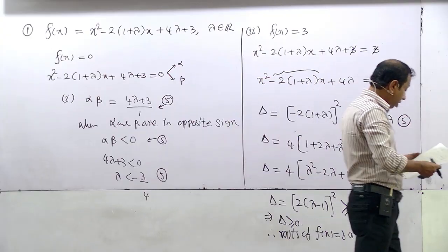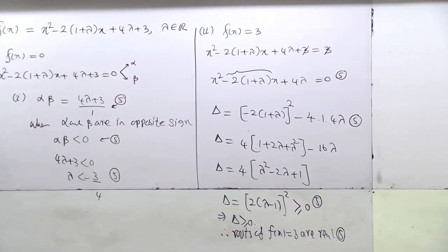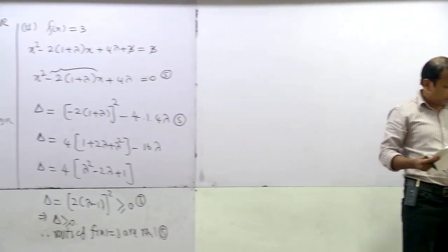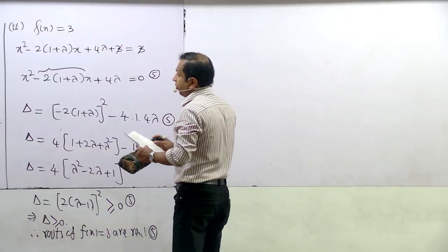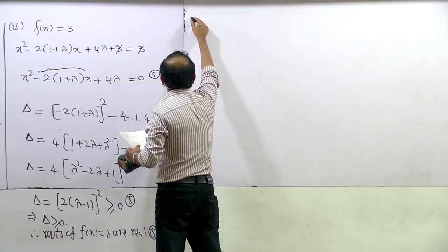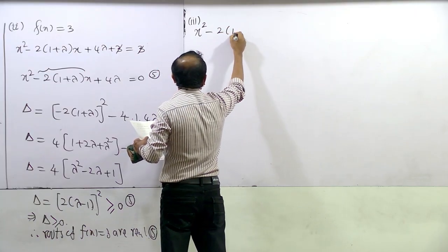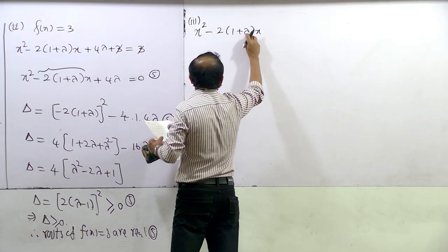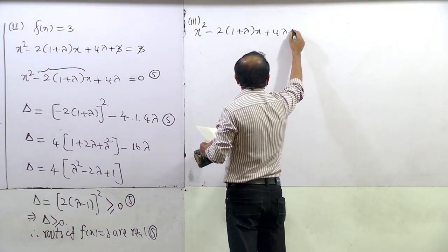Next one, third part. If lambda 1 and lambda 2 are the two values of lambda so that f(x) = 0 has coincident roots. f(x) = 0 means again x squared minus 2(1 + lambda)x plus 4 lambda plus 3 equals 0.